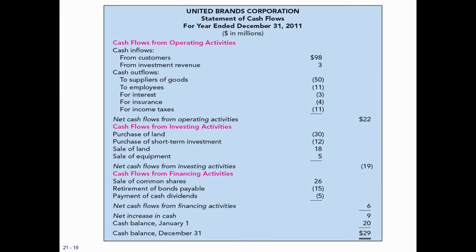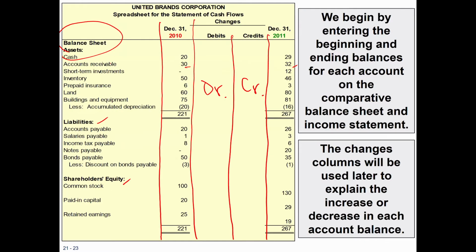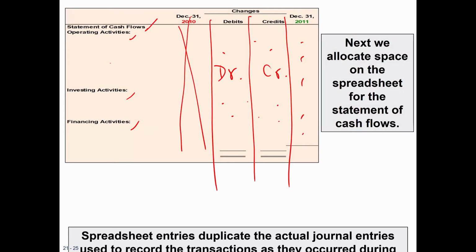So you can see we're trying to figure out this number, the cash receipts from customers, or cash inflow from customers. Usually this is the first item in the cash flow statement. Let me show you how to do that using this spreadsheet approach.